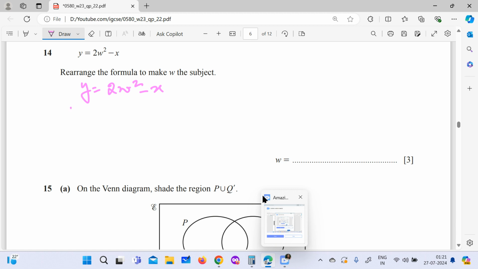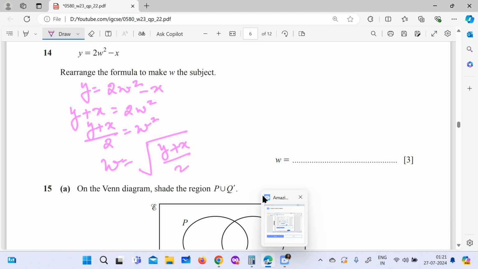I take x to this side, so we get y plus x equals 2w squared, and then I bring 2 also to this side, so we get y plus x over 2 equals w squared, and then w equals under root of y plus x over 2. So you can write plus or minus here. So w is equal to plus or minus the square root of y plus x over 2.